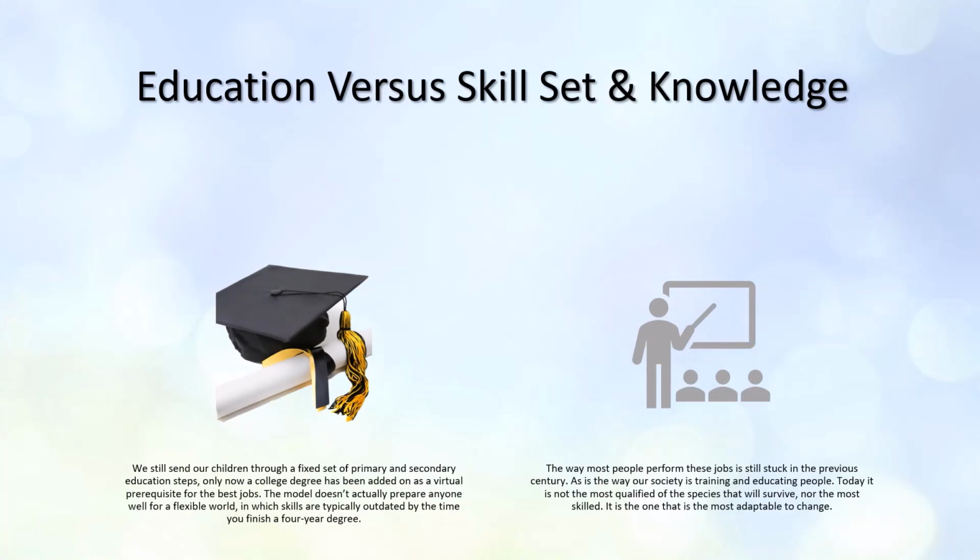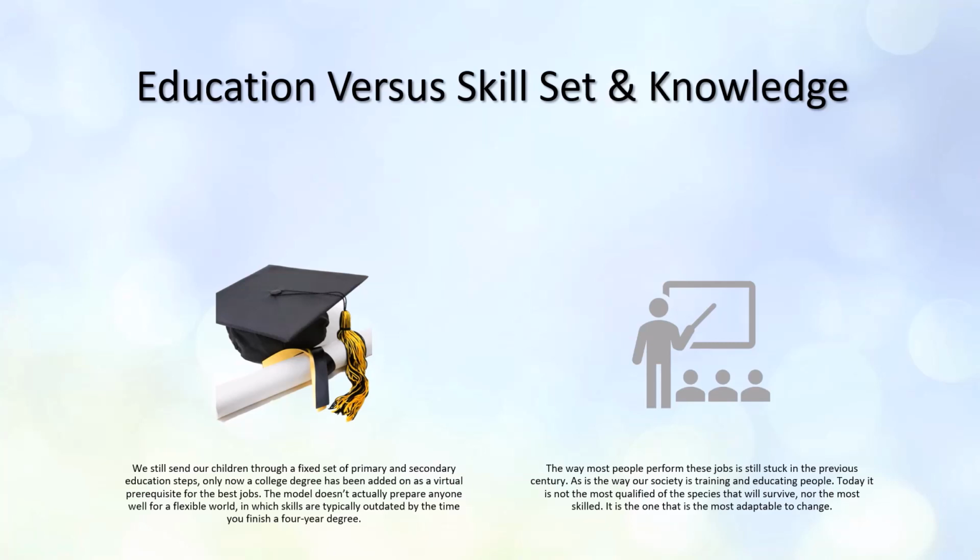As a society, we still send our children through a fixed set of primary and secondary education steps. Only now, a college degree has been added on as a virtual prerequisite for the best jobs. The model doesn't actually prepare anyone well for a flexible world in which skills are typically outdated by the time you finish a 4-year degree.